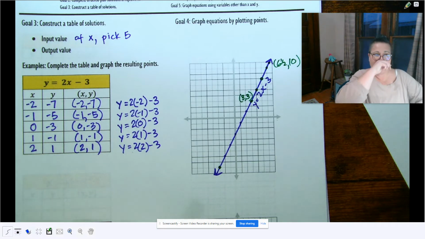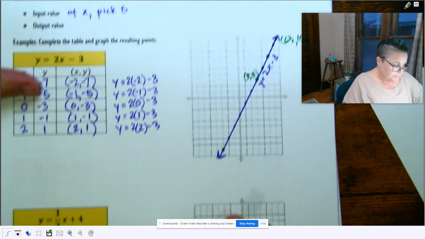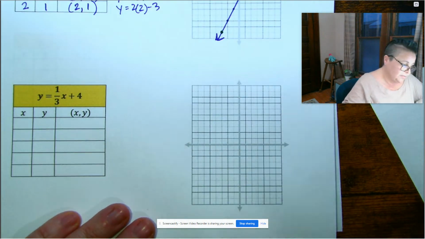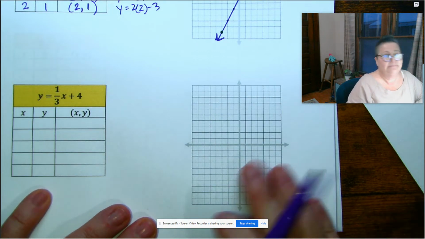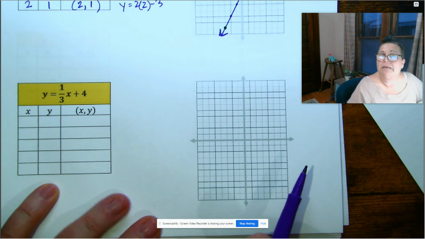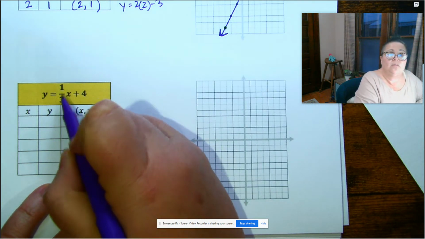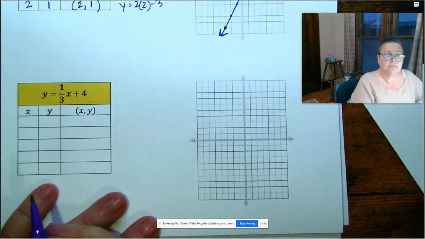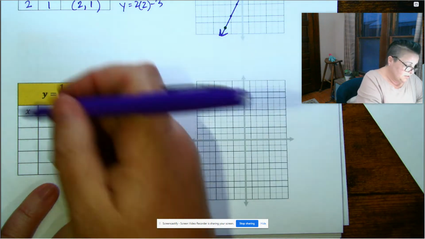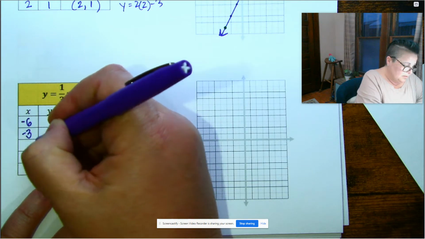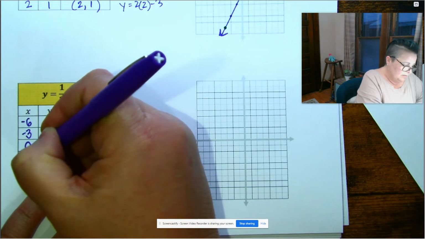There we go. Okay. Here we have a second table with a fraction. What do we do when a table has a fraction? Remember I said you get to pick your x values. I want x values that will cancel with the 3 in the denominator. So I'm going to choose a negative 6, a negative 3, a 0, a 3, and a 6.